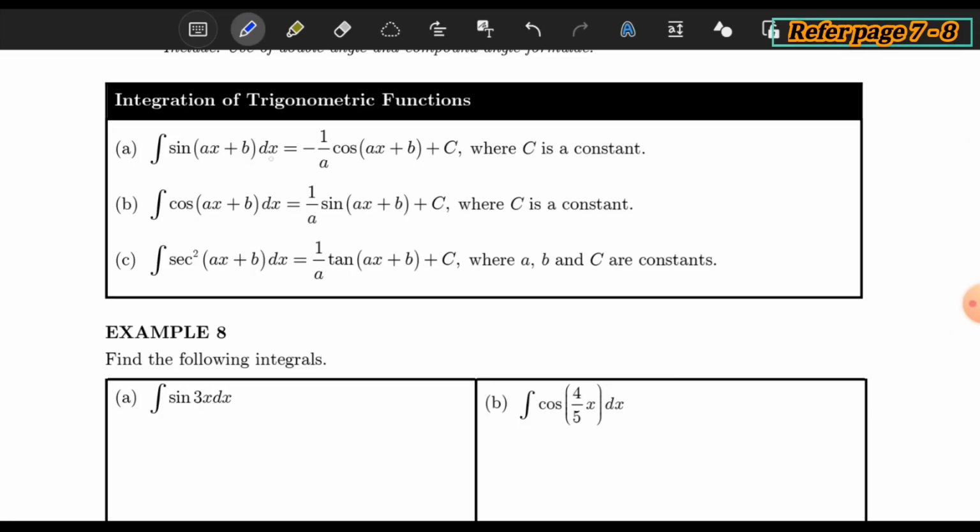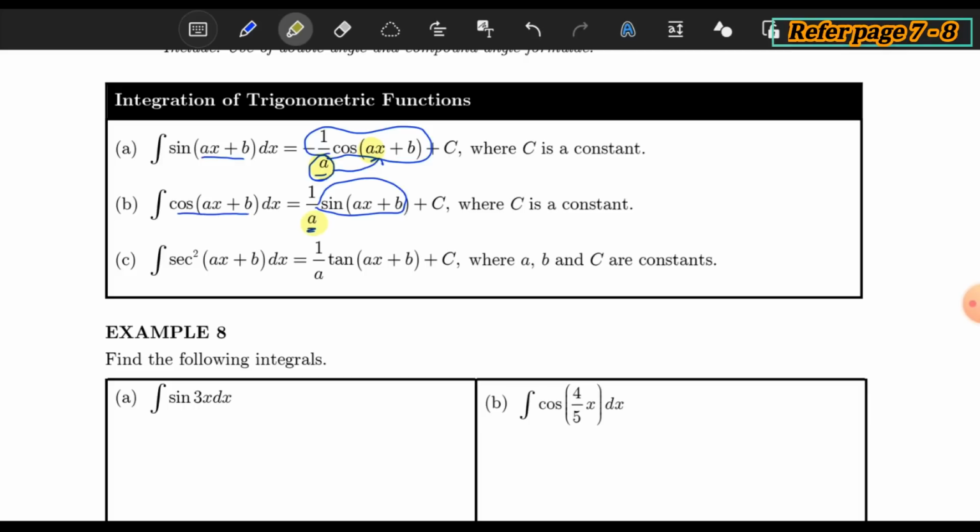Integrate sin(ax plus b) equals negative cos(ax plus b) over a plus c. The 1 over a here is from the derivative of the angle. Next, integrate cos(ax plus b) equals sin(ax plus b) over a plus c.